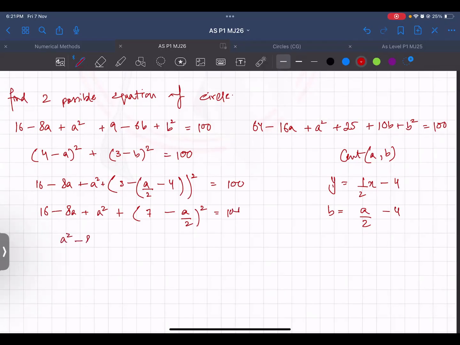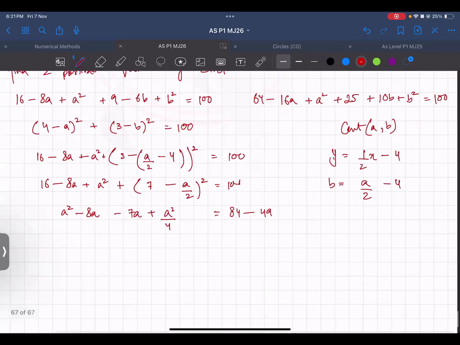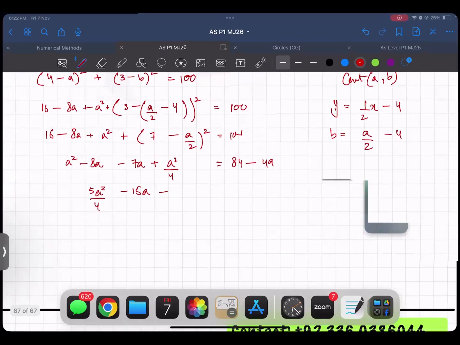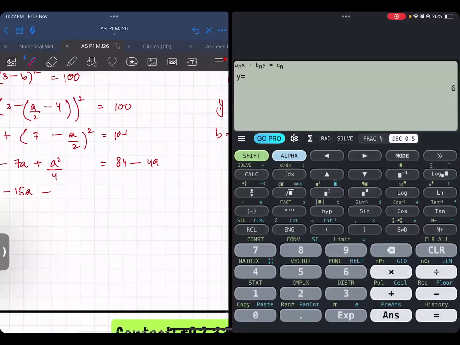A square minus 8a. 16 I'm moving on the other side, so 100 minus 16 would become 84, and 84 minus 49, because this expansion 7 square would be 49. So minus 7a plus a square upon 4. So this would become 5a square upon 4 minus 15a, and minus 35.